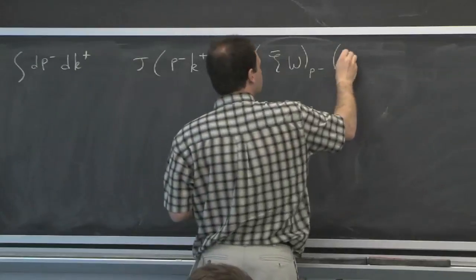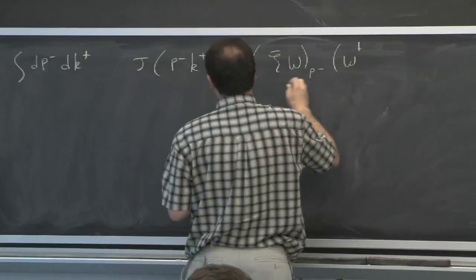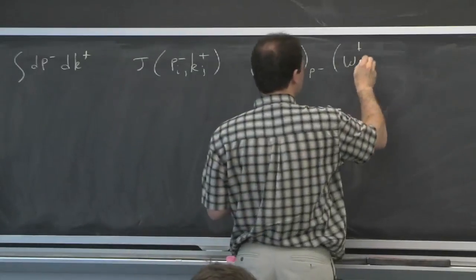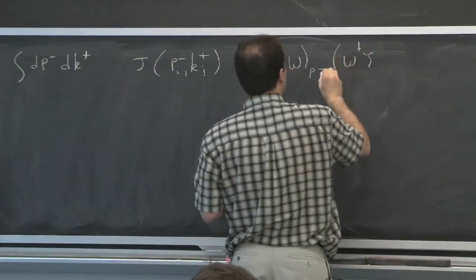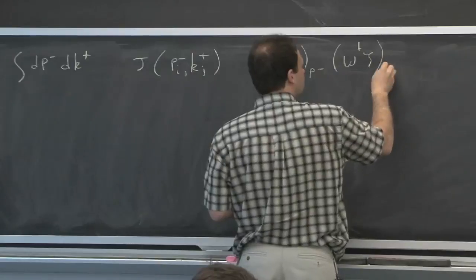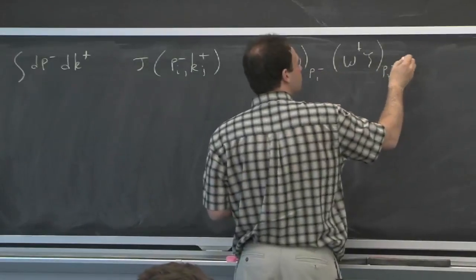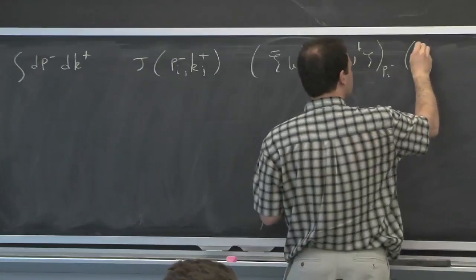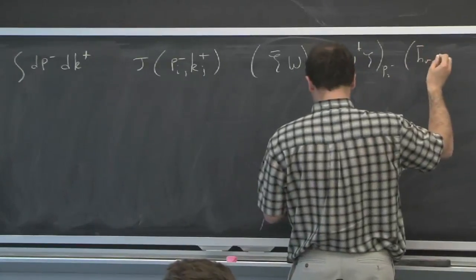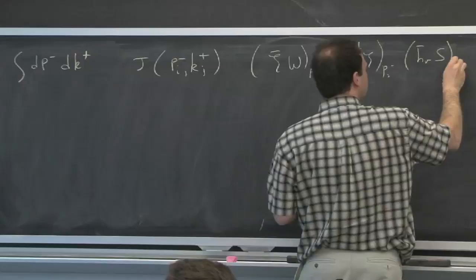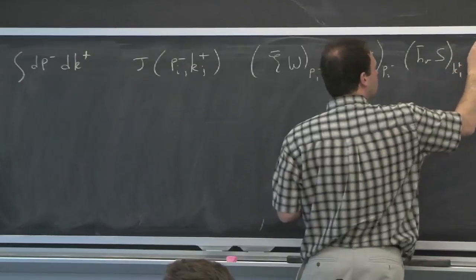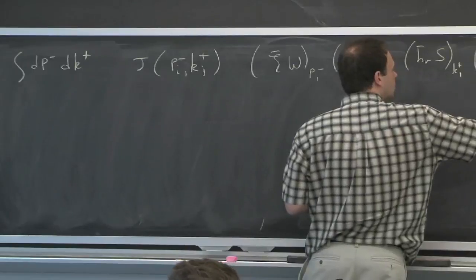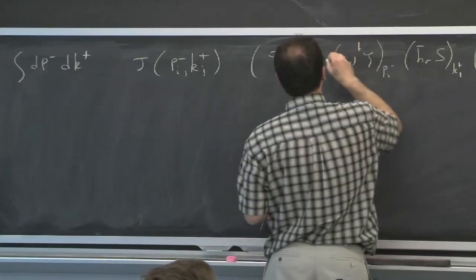In this case, let me just say, it depends on some p minuses. This is p1, this is p2. And then in my example over there, I guess I had some heavy quarks. Okay, and there's some Dirac structures.